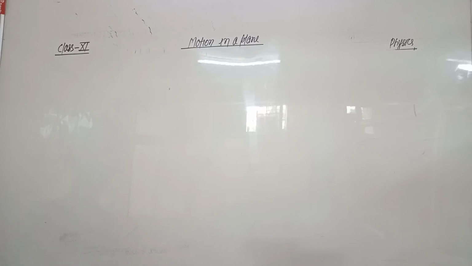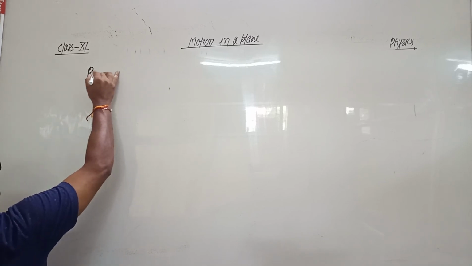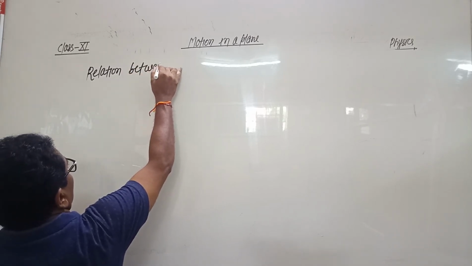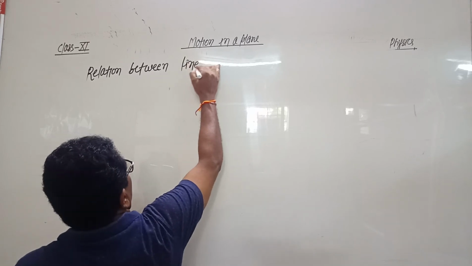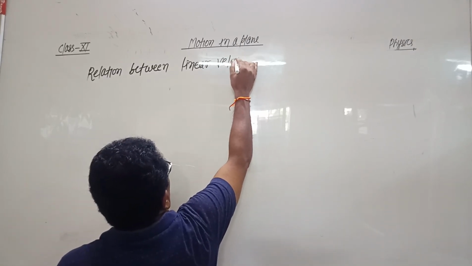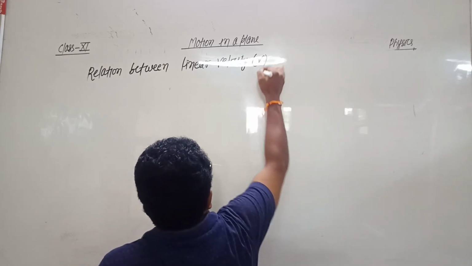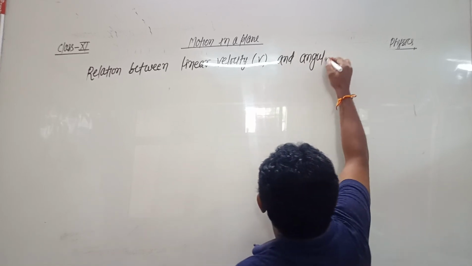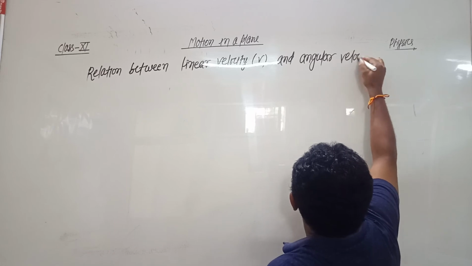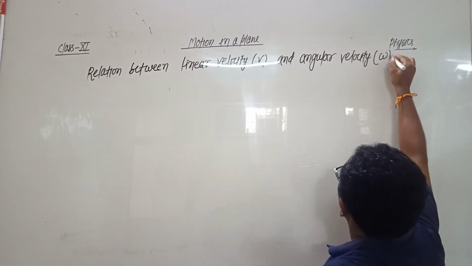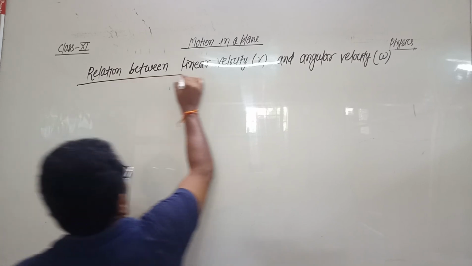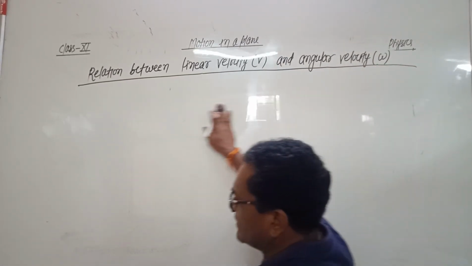Now the relation between linear velocity, small v, and angular velocity, omega.